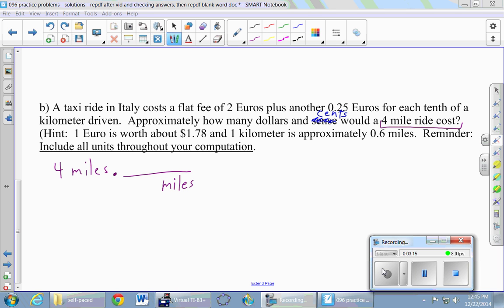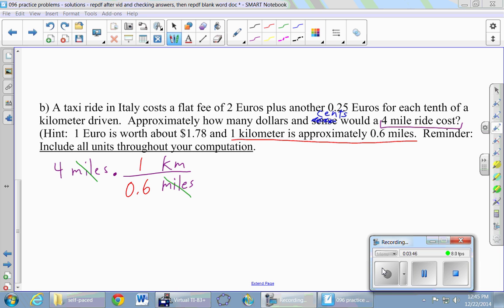So what are the 2 units that I have, one of which is miles and the other one kind of compares to miles? Let's see, it says 1 kilometer is approximately 0.6 miles. So that tells me kilometer is the other thing that we're going to put in this fraction, because underlined in red is this relationship between kilometers and miles, and we'll just use those numbers that are given. 1 kilometer is about 0.6 miles. Okay, so far so good. So we can cancel those guys there. So now we're up to kilometers.